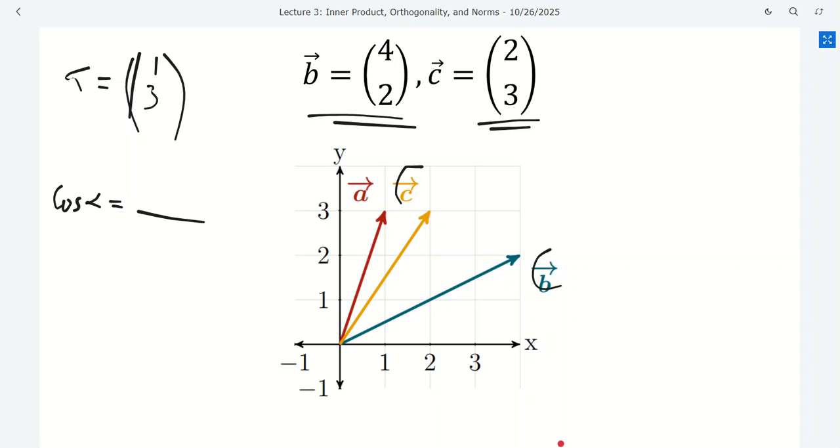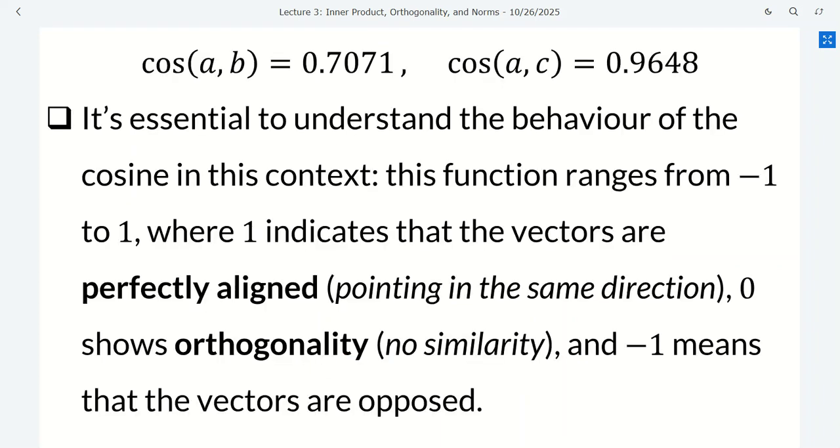Who is done? Okay, so you can do the calculation. I don't want to waste time.